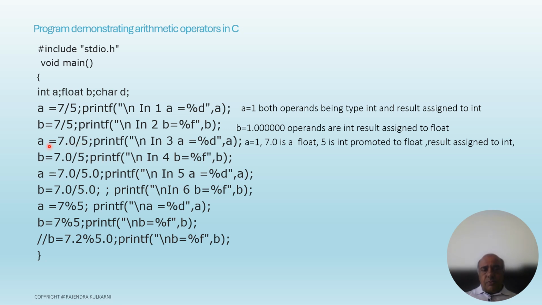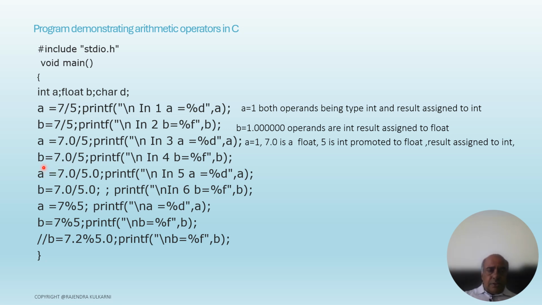But since we are assigning the expression result to a, which is an int variable, our output will be again a is equal to 1 because an int variable cannot hold a value of type float. Even if we assign 1.4 to a, it will hold only 1 as the value.